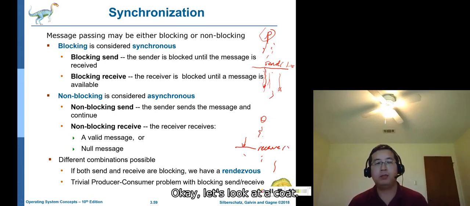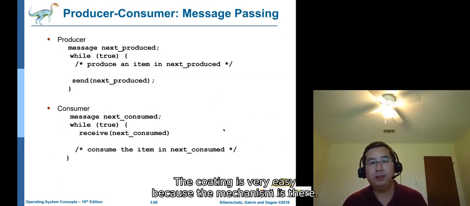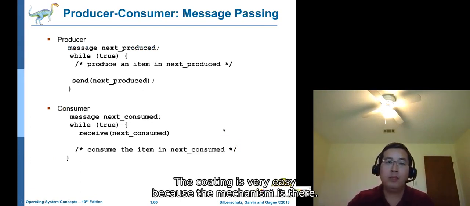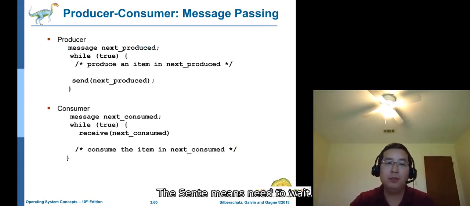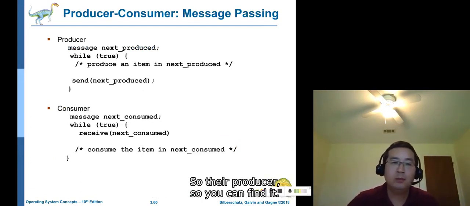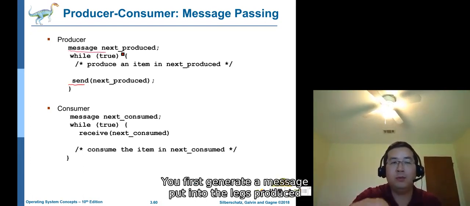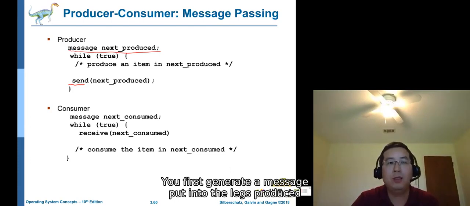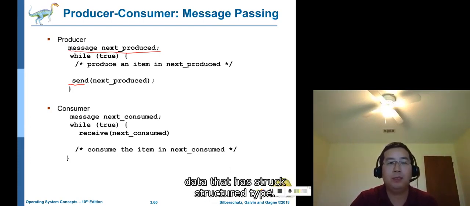Okay, let's look at the code. The code is very easy because the mechanism is already there. The send needs to wait. So for the producer, you first generate a message and put it into the produced variable. The type of the message is called message, that structure type.